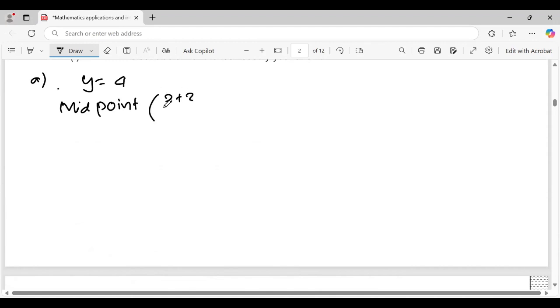The midpoint is ((2 plus 2) divided by 2, (2 plus y) over 2). The x coordinate is going to be 2. And the y coordinate is (2 plus y) over 2.